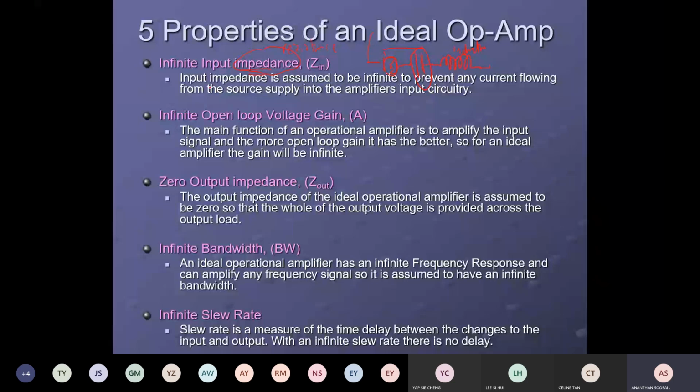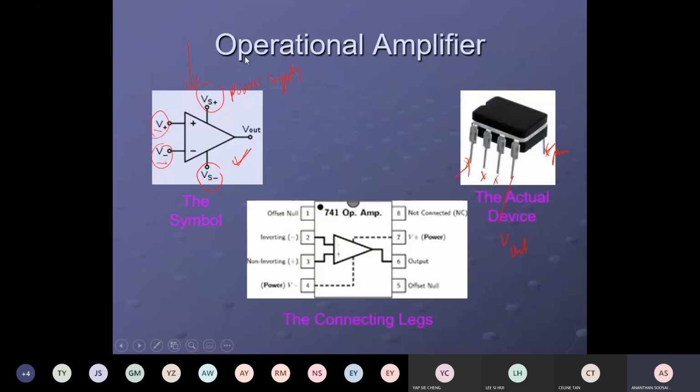For an ideal operational amplifier, the input impedance is infinite. What does that mean? When the voltage is going in here, the input impedance is very big. That means the current flowing into the operational amplifier is zero.